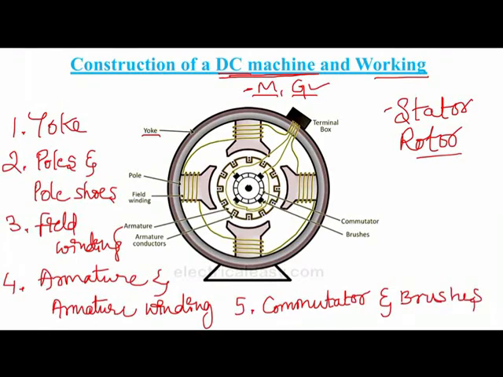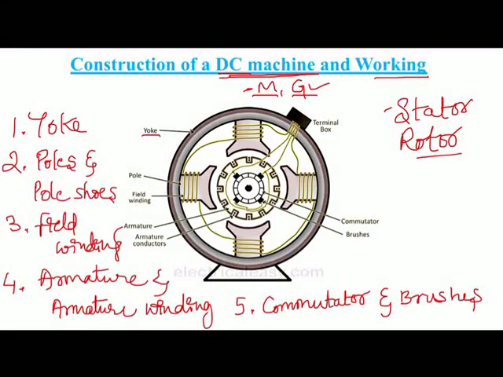So these are the main five basic constructional parts of the DC machine. The first three parts come under the stator and the next two come under the rotating part. Let us understand the functions of these parts one by one, and later we will discuss the working of the DC machine as a motor and as a generator.